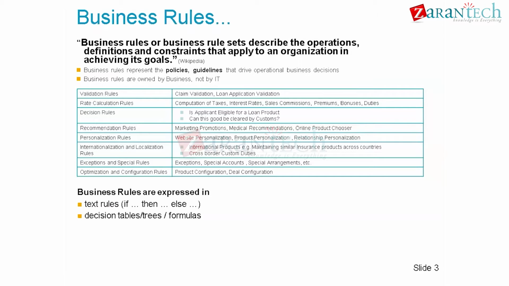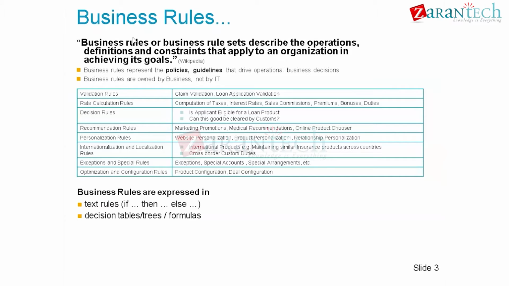Marketing promotions: till now we are using one type of product, one type of mobile, but after some promotions we can reevaluate that there is a new product in the market, and we can at least give another product a try as well. That kind of recommendation rule also works well in the organization.